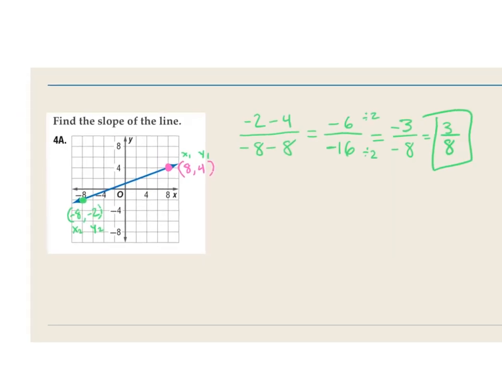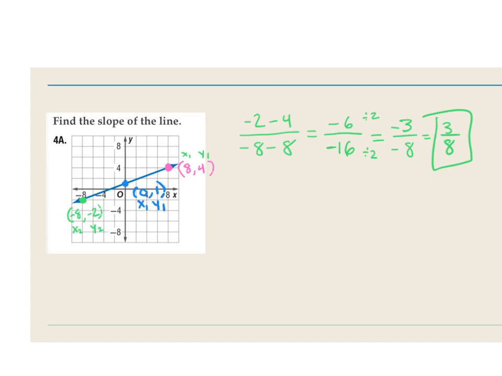Would I get the same answer if I picked, let's say, this point here, which is 0, 1? What do you think? So if this is my new x1 and my new y1. Yeah, let's try it.